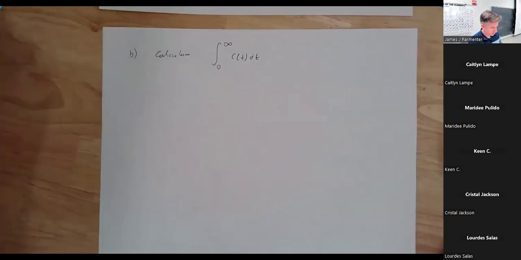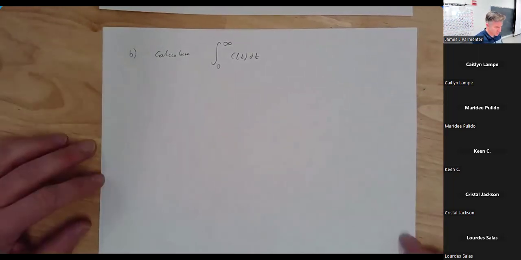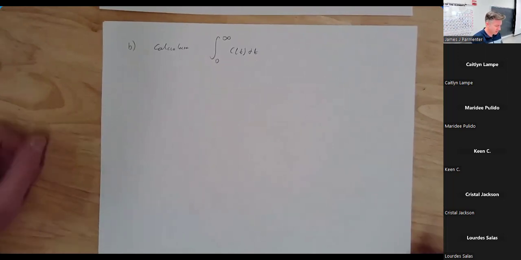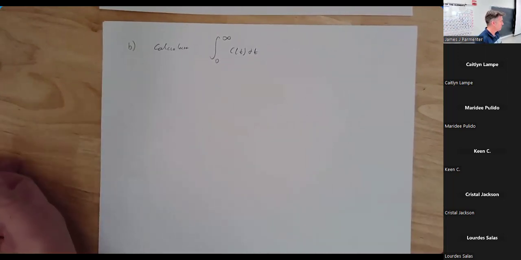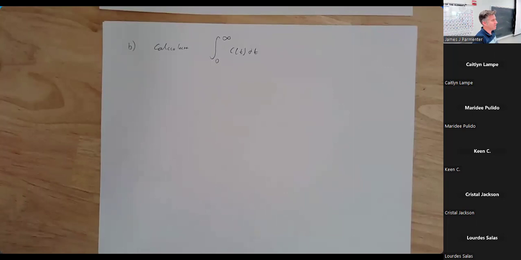Okay, so first of all, what does it mean when we integrate this thing? If you're integrating the concentration, you're essentially adding up all the concentrations times a little bit of time, and you're getting essentially the amounts, right? So you're saying, oh, there's going to be some amount of milligrams in this time interval, some amount of milligrams in this time interval, and you're adding up all those amounts of milligrams to get some total amount of milligrams.